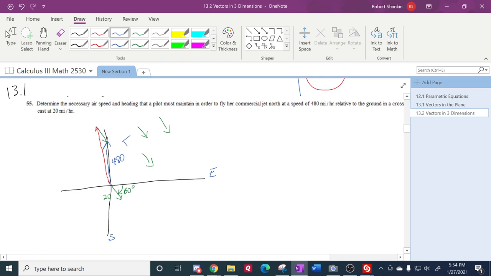Its components are 0, 480. We'll take this green one. Its components are, now it's 20 cosine of 60, remember the cosine extracts the horizontal component, just like the practice quiz.